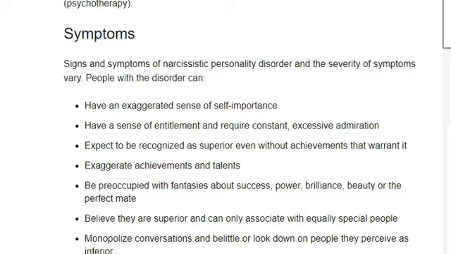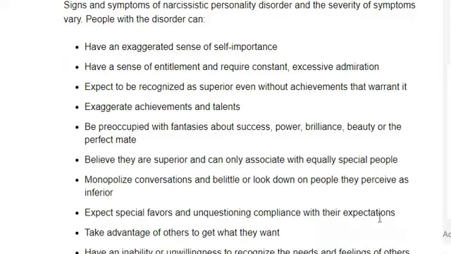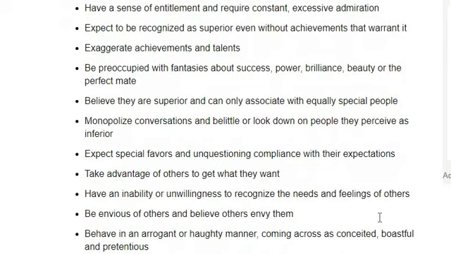They believe they are superior and can only associate with equally special people. They monopolize conversations and belittle or look down on people they perceive as inferior.